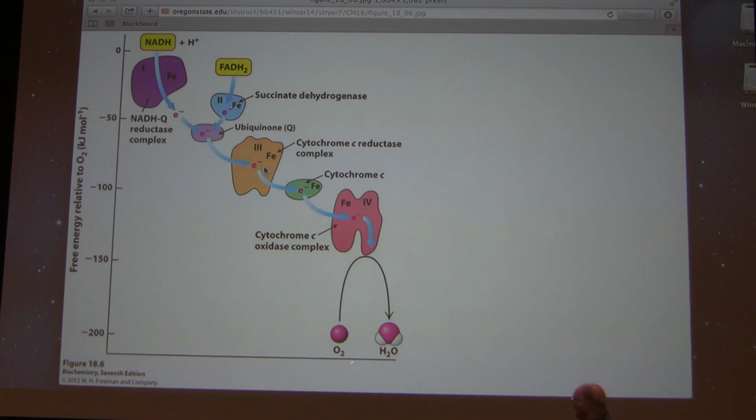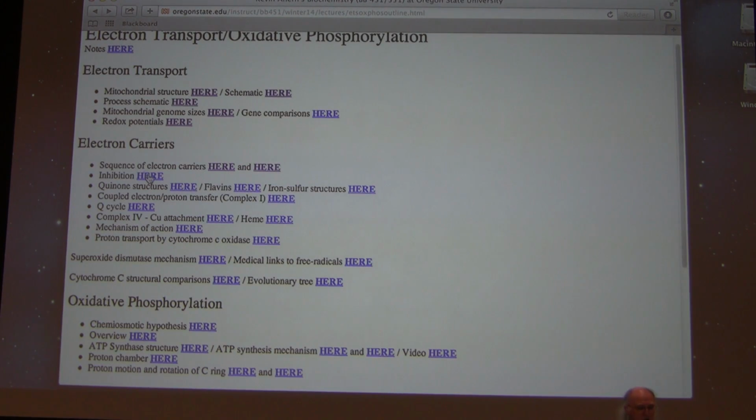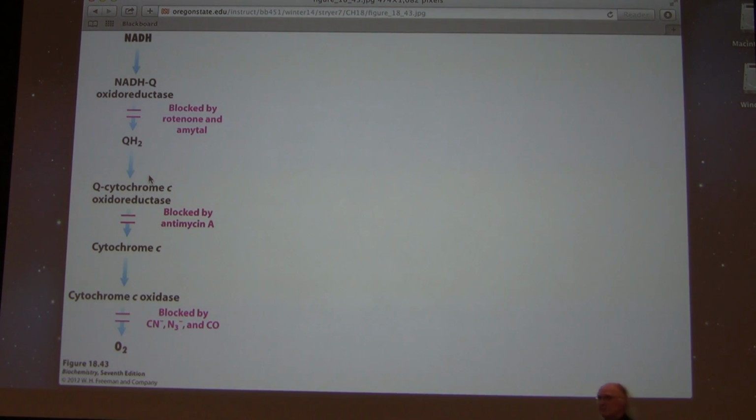All right. Well, ultimately, of course, the terminal electron acceptor is oxygen, and oxygen accepts electrons and picks up a couple protons from the solution and becomes water. Okay. So one of the ways people have understood and studied the electron transport system is by studying things that inhibit the transport of electrons.